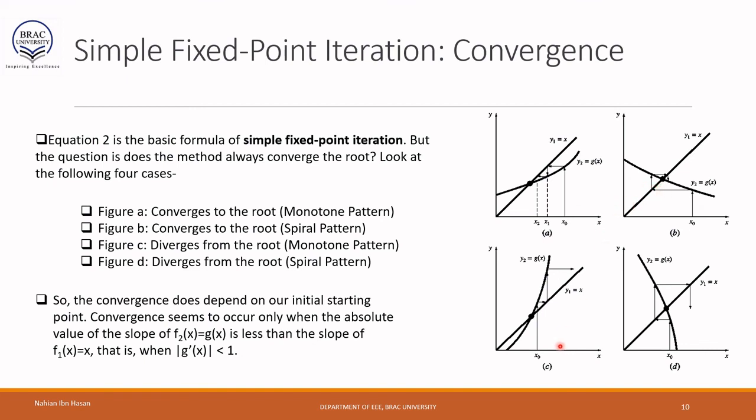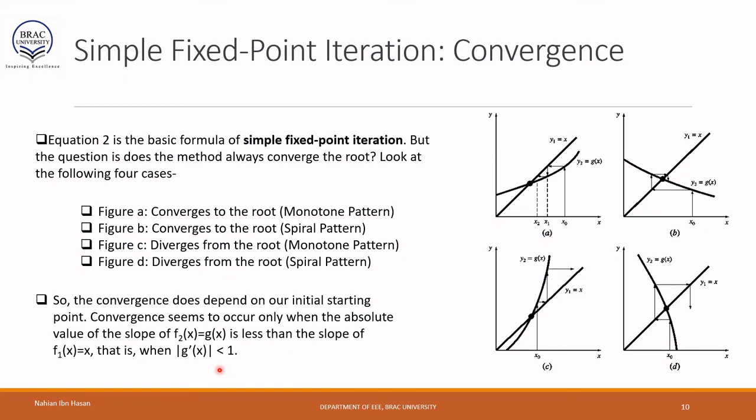But in the other two cases, figure C and figure D, the convergence is not assured because the absolute value of the slope of the curve g of x is greater than the absolute value of the slope of the curve y equal to x. So these conditions must be specified to check whether the convergence is assured or not.